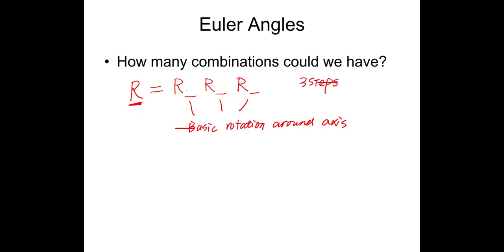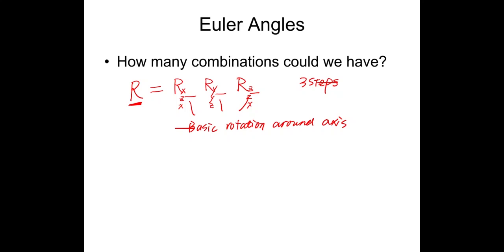For example, I can rotate around the current X, then around the current Y and the current Z. Or I rotate around Z first, and then with the new orientation I rotate around the current Y, and after the second step I rotate around the current Z. I can also rotate about X first, then the current Z, and then the current X. So you can choose all these different combinations of axes as a sequence.